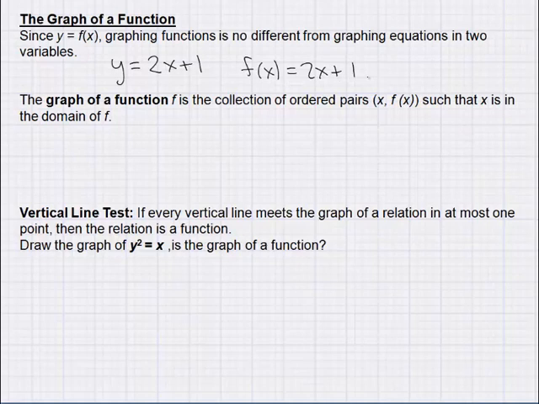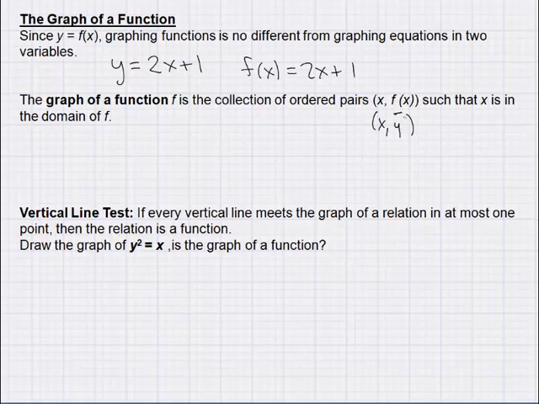So a graph of an equation and the graph of a function are generally the same definition-wise. The graph of a function is the collection of ordered pairs x comma f of x, such that x is in the domain of f. Normally it's x comma y, but remember, f of x and y are interchangeable, so essentially the same thing.